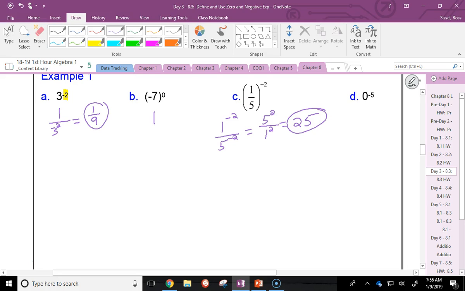Because the base is 0. Okay, so since it's a negative, we have to do the reciprocal. 1 over 0 to the 5th. 0's in our denominator. That's not possible. So we say undefined. Cannot do that. Yep.